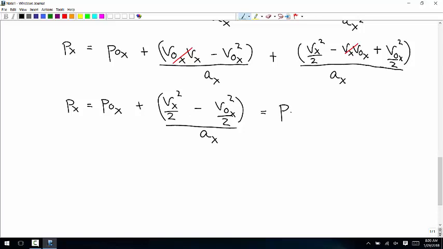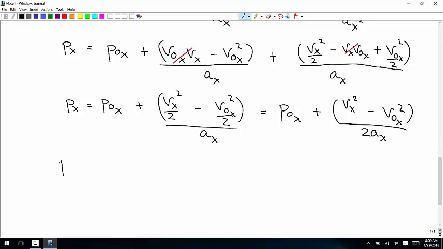Now I can rewrite this as P0x plus the quantity Vx squared minus V0x squared over 2Ax.